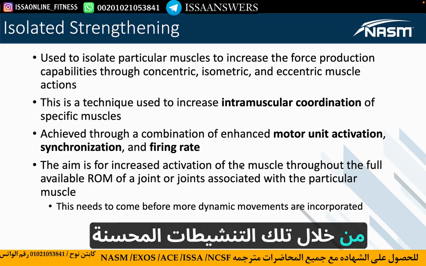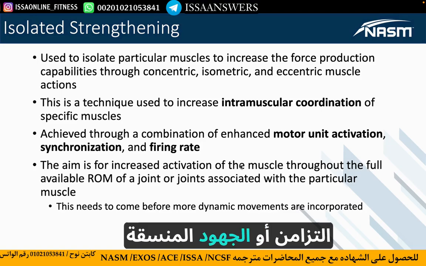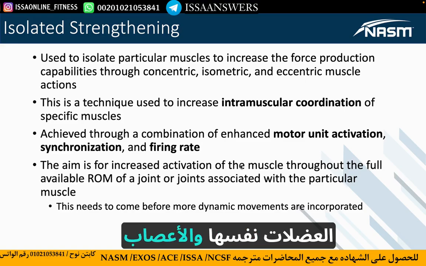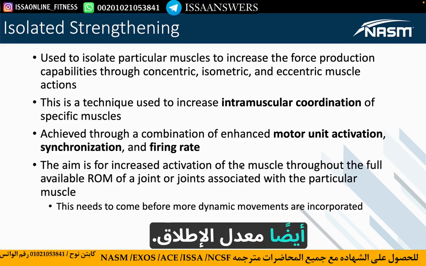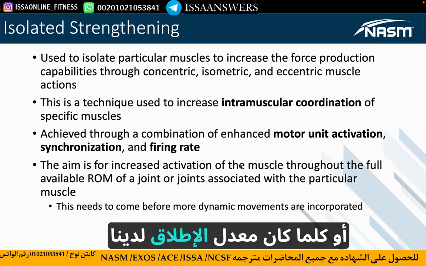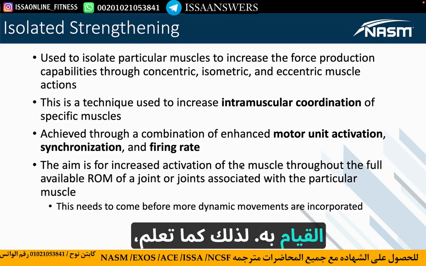Through those enhanced motor unit activations, you can then work on increasing the synchronization, or coordinating efforts, of the muscles themselves and the nerves associated with them. Also, the firing rate. The faster, or the more enhanced, our firing rate, the better off the coordination and the activation can be. It just depends on what you're looking to do.